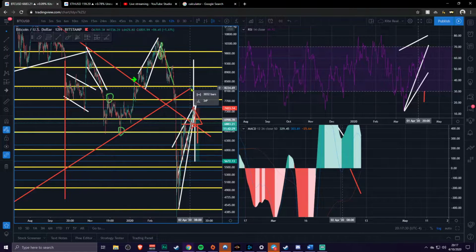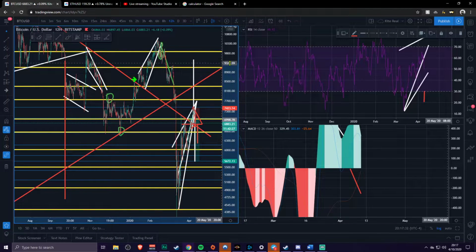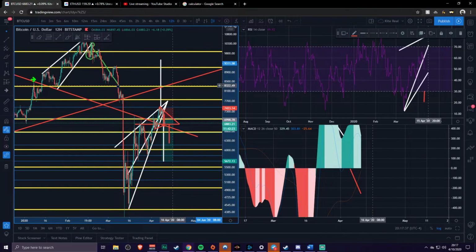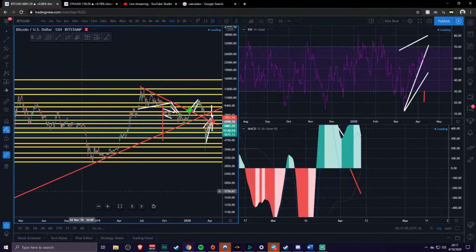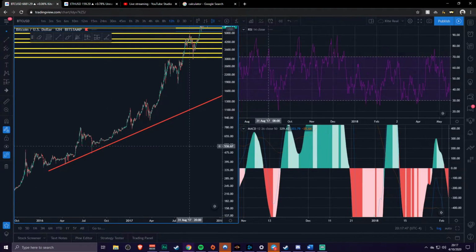Obviously, if it does continue on upwards, the next major resistance would be this red line right here. If we went straight up, it would be at about 8,312. And that is the 5-year long support that we have been using ever since back here.